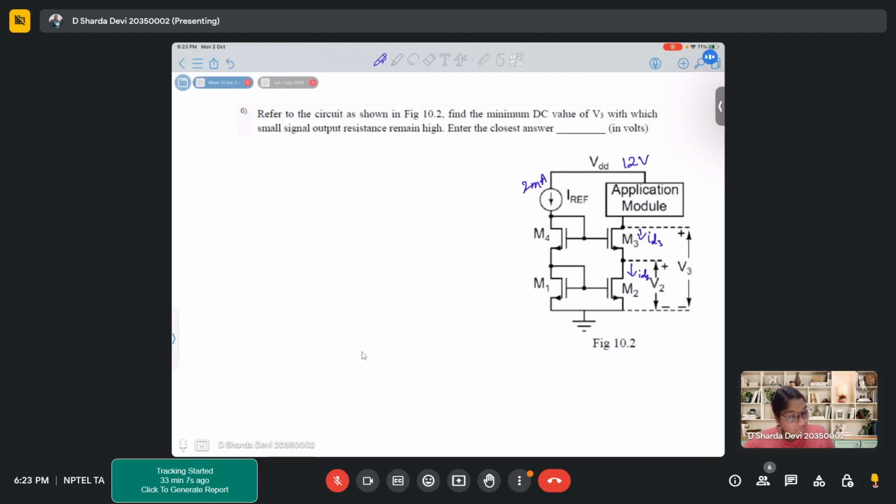So minimum V3 should be how much? So what is V3? V3 is VDS3 plus VDS2, right? If we say what is the minimum condition for V3, then minimum conditions for V3 means minimum conditions for saturation.